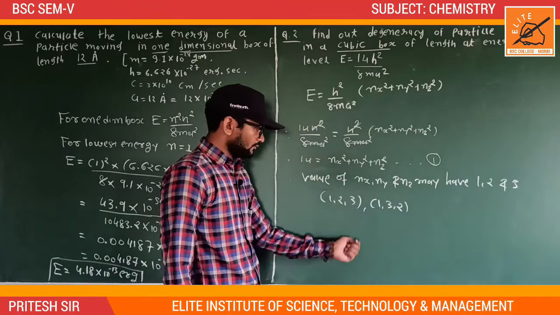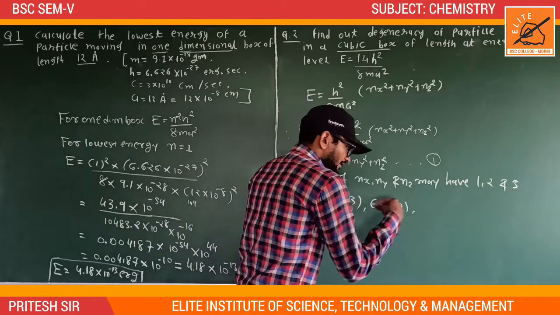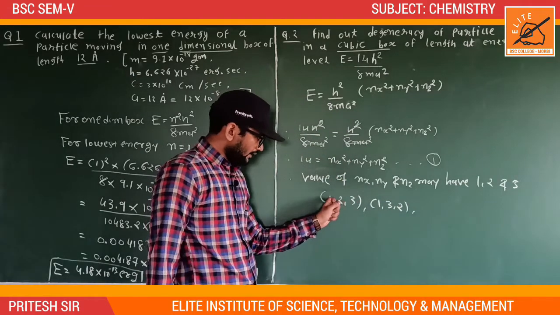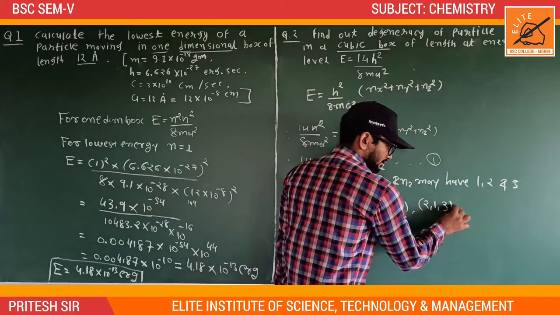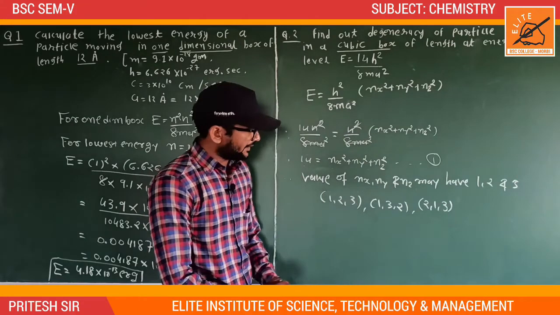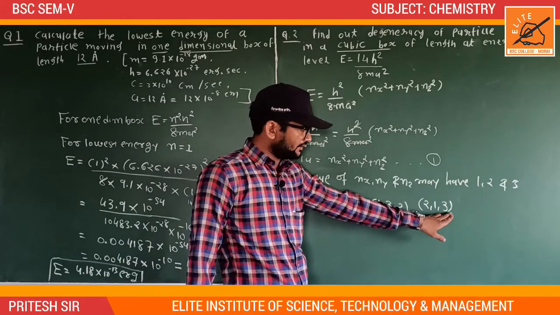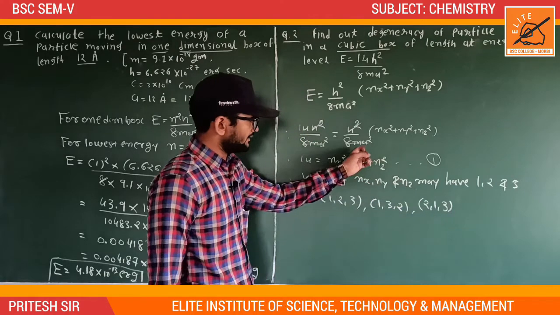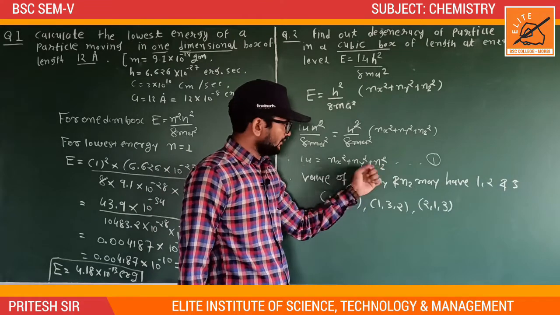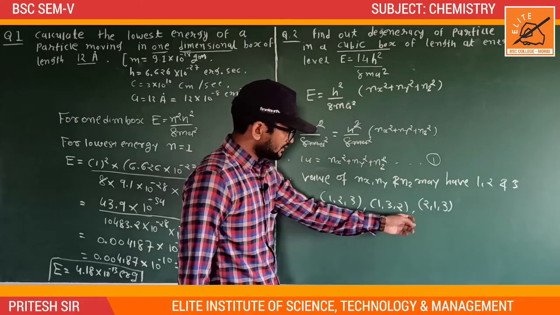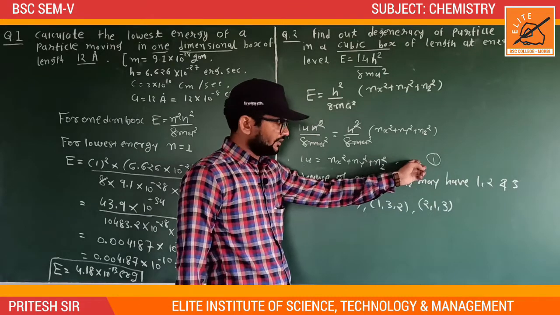Both are different quantum numbers. The third will become 2, 1, 3. If I put nx is equal to 2, ny is equal to 1 and nz is equal to 3 in equation number 1, then 2 square plus 1 square plus 3 square is equal to 14. So this is also an acceptable solution for equation number 1.